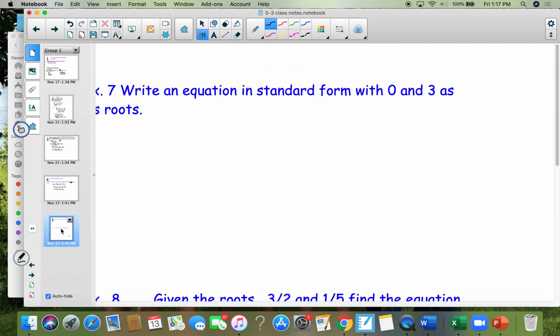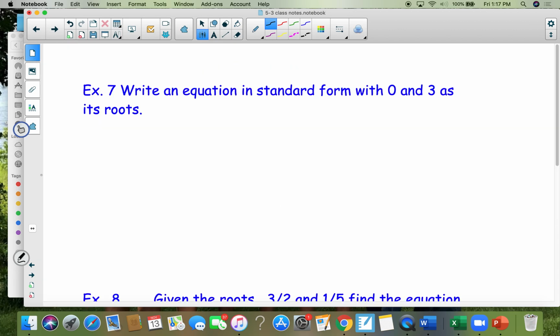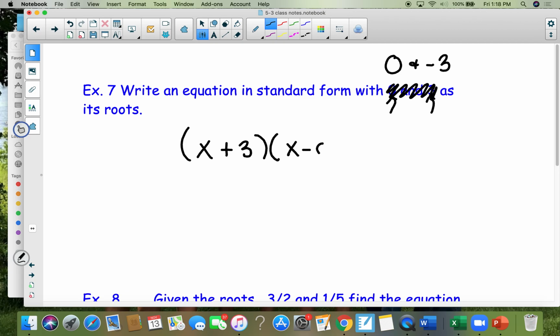Okay, let's do this one. We have two more to do. 0 is one of them, and 3 is one of them. So let's make it 0 and a negative 3 instead. So in place of a negative 3, it's going to be x plus 3, and the other one's going to be x minus 0, or x plus 0, it doesn't matter, equals 0.